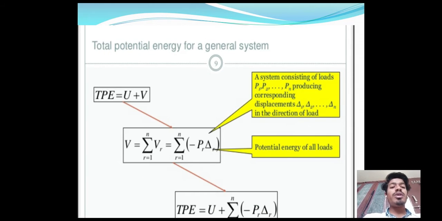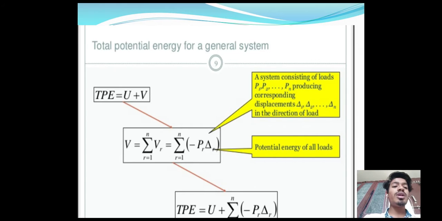The total potential energy equals U plus V, where V equals the summation over r from 1 to n of V_r, which equals the summation of minus P_r delta_r. Here r indexes the loads, and V is the potential energy of all loads.